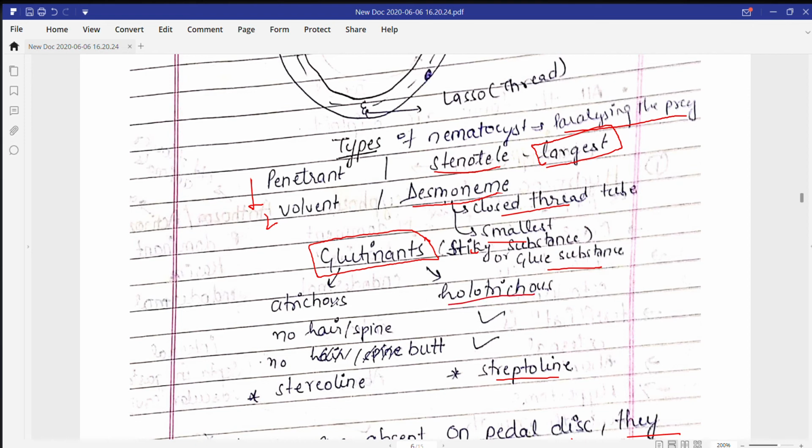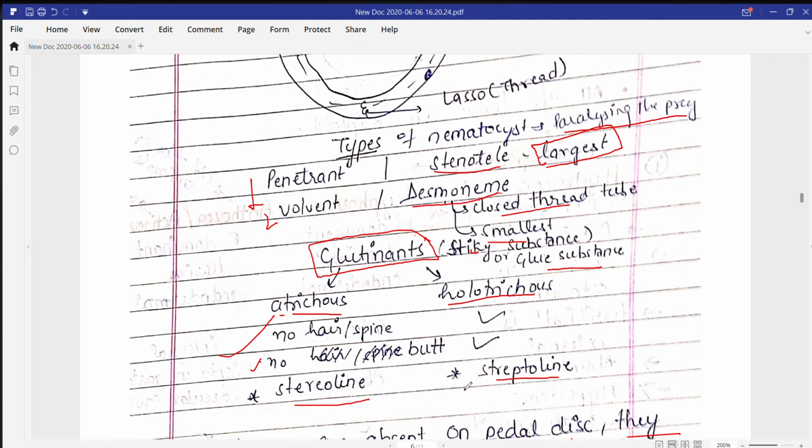What is the difference? Atrichous means they do not have hair, trichous meaning hair, while holo means complete, so they have hairs. When there is no hair, no spine, no butt, we call them stereoline type of nematocyst. If they consist of hair and the butt and the spine also, then we call them streptoline type of nematocyst.